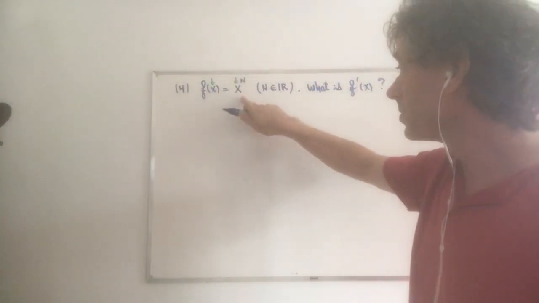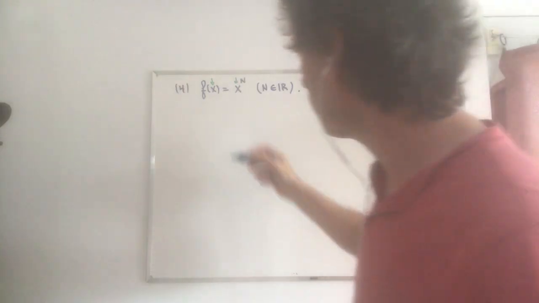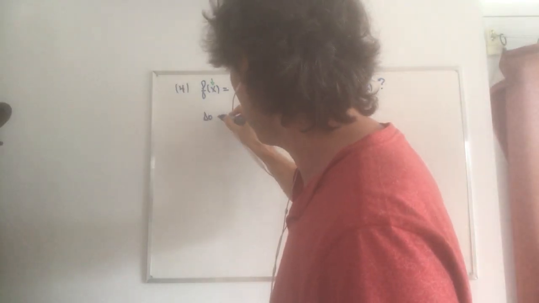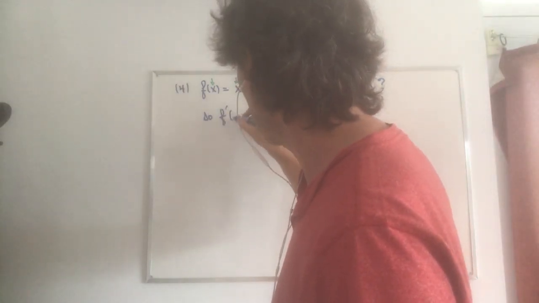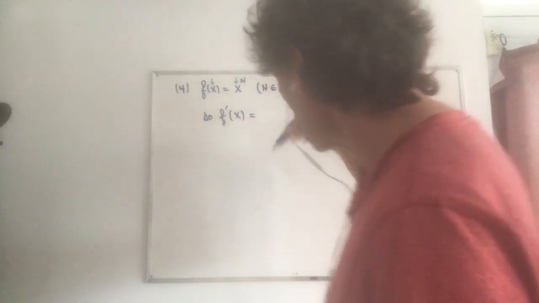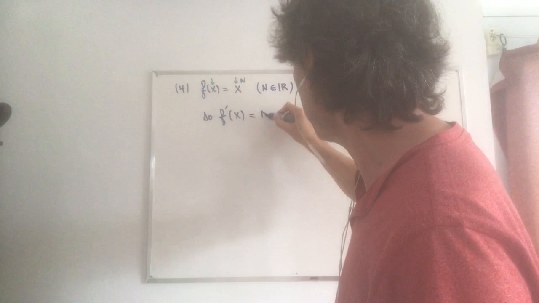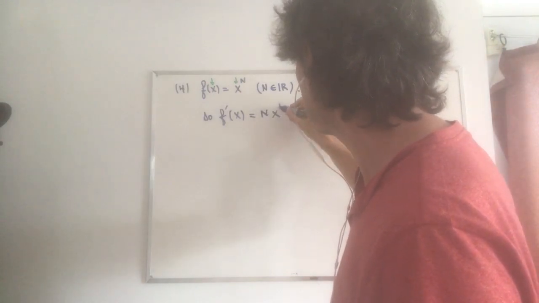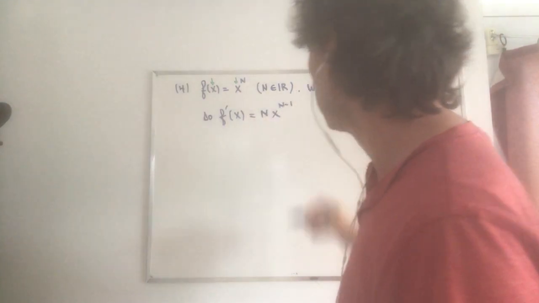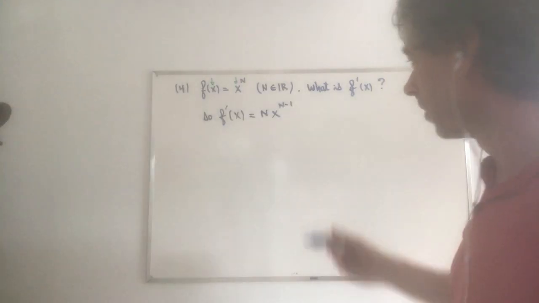All right. So f of x is equal to x to the n. Now we have that f prime of x is the very last line we had before I erased, n x to the n minus 1.